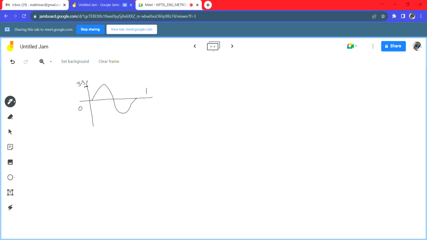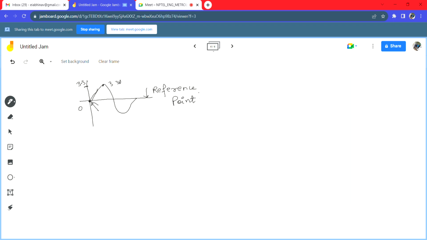Now if this is my reference point, then let us say this curve starts from here and not the shifted one. So this peak corresponds to, say, 3.3 volt in reference to this 0.